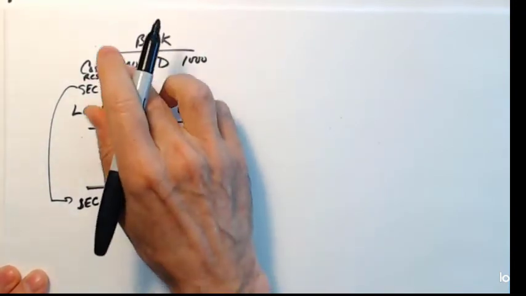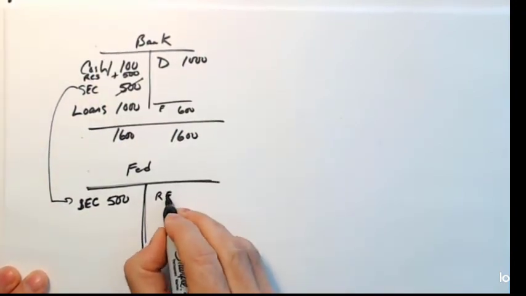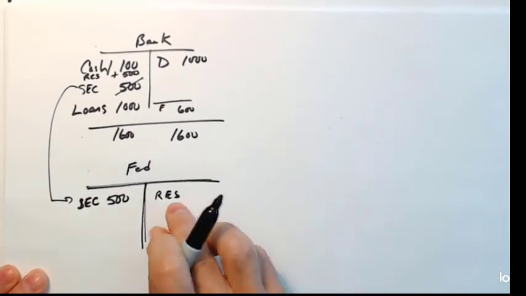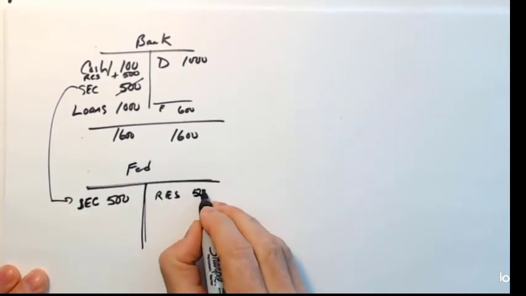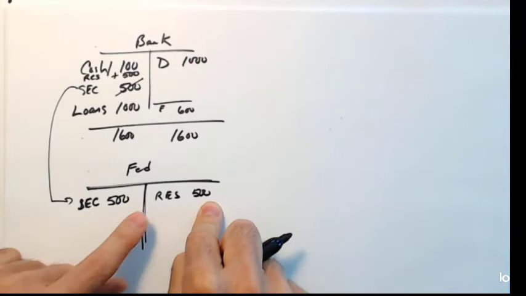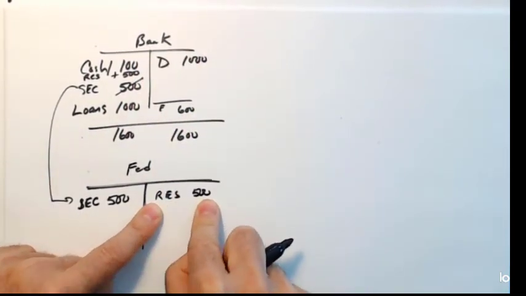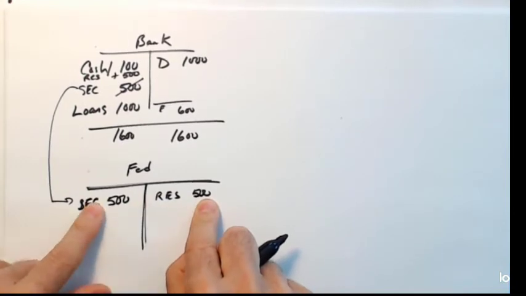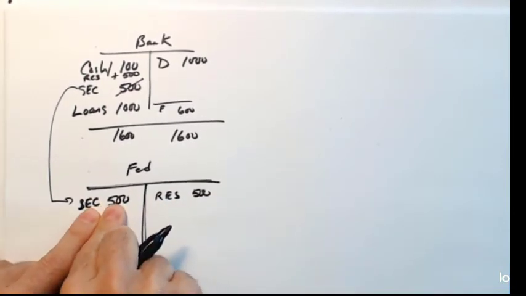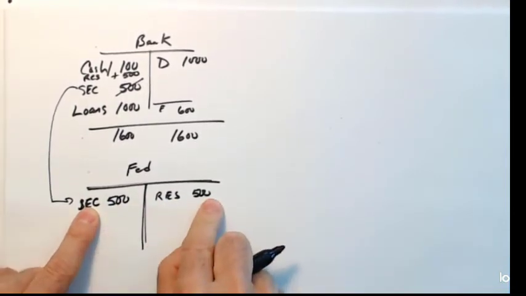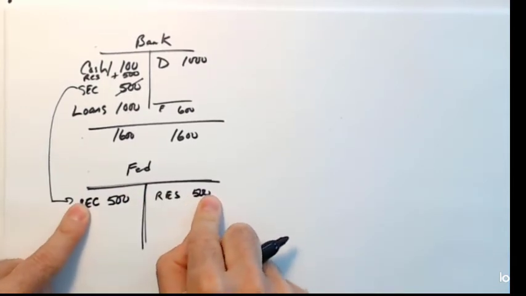Well, how did that happen? Well, the Fed, through the stroke of a pen or the click of a mouse, basically credits the account for this bank $500 and says, look, you now have $500 more in reserves. And the Fed takes that $500 security, and it's now an asset. So the Fed's balance sheet balances, both sides went up.